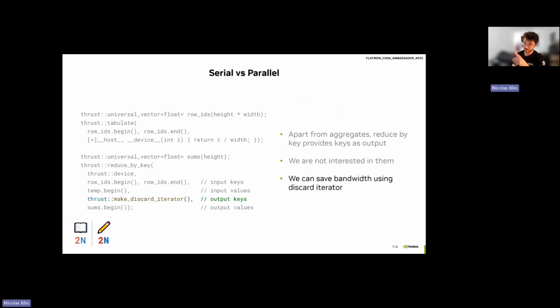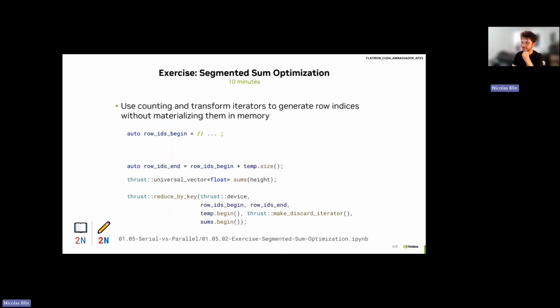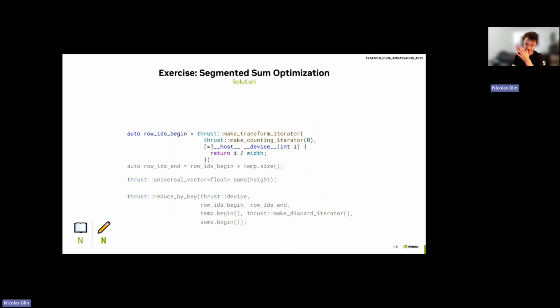And we have to write once to first create the row ID, and finally once to write to the sum array, which is our output. Now, using a fancy iterator, we just have n reads and n writes.